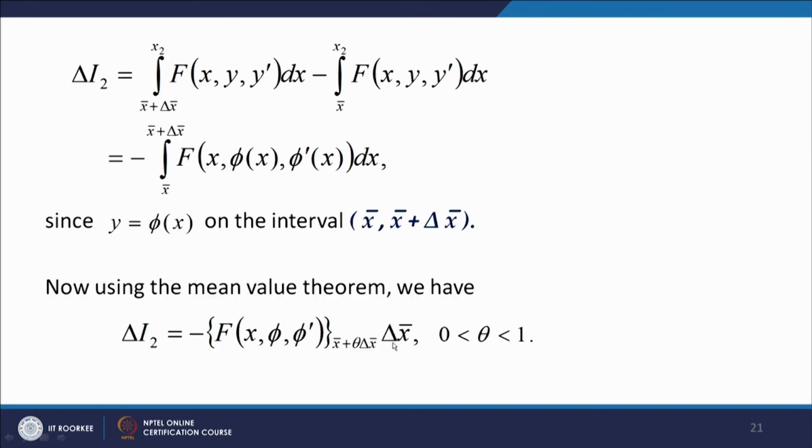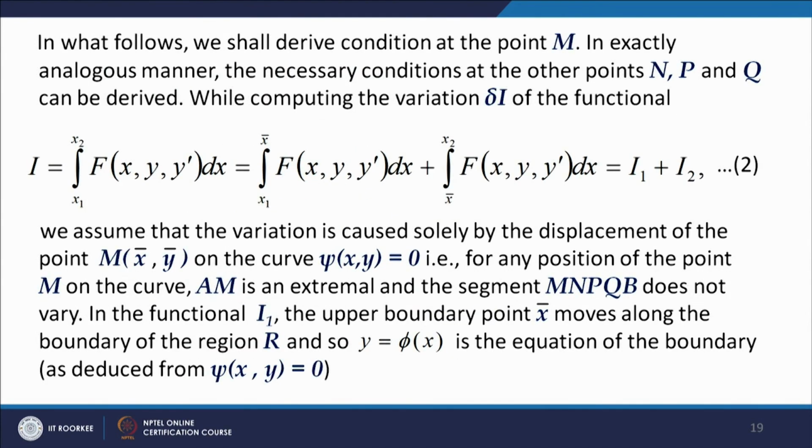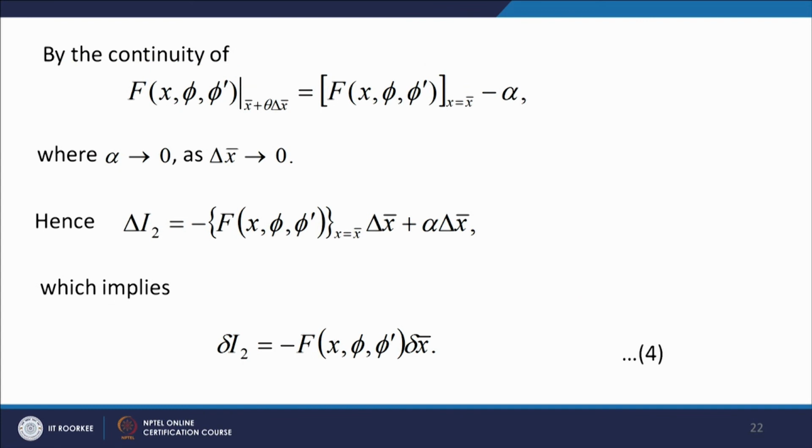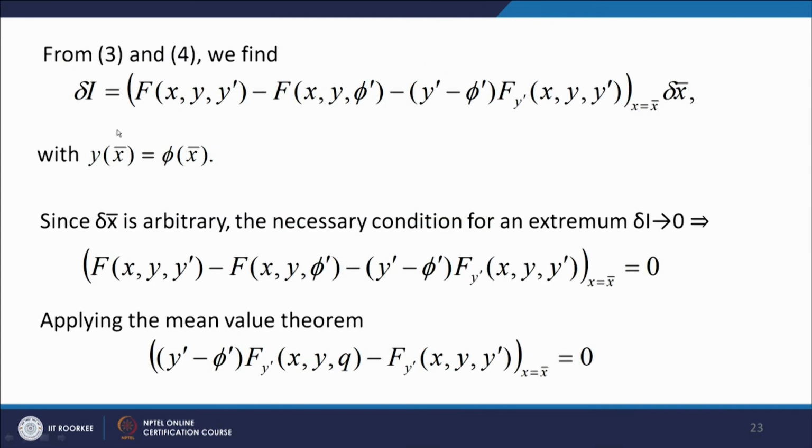Let us put these values to get ΔI, the variation in I. So ΔI is equal to ΔI1 plus ΔI2, and we get this quantity by combining 3 and 4, with ȳ(x̄) equal to φ(x̄).